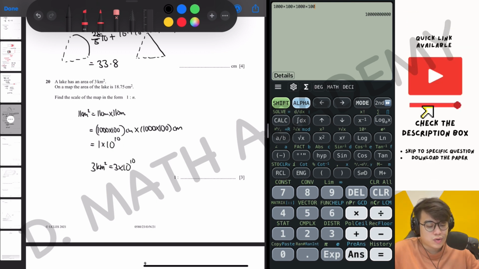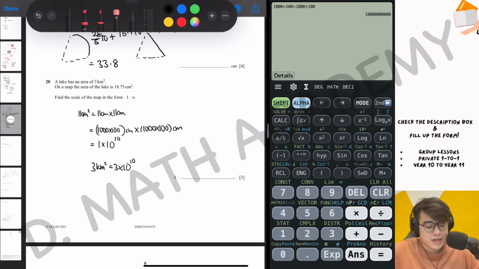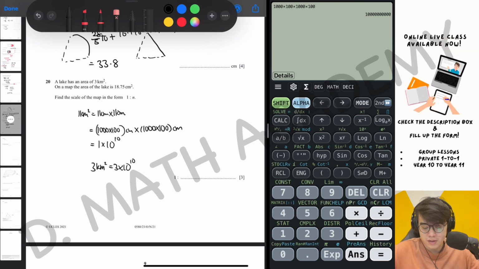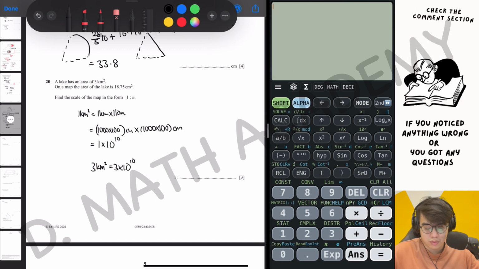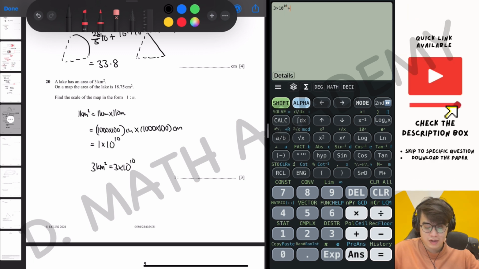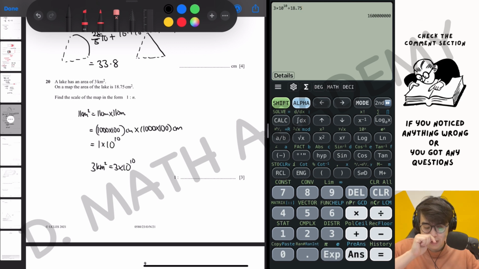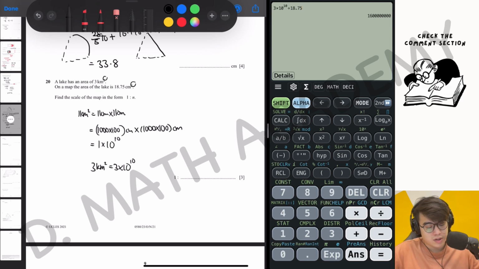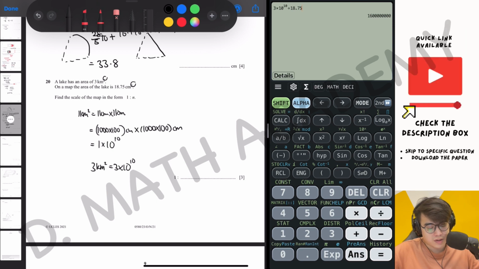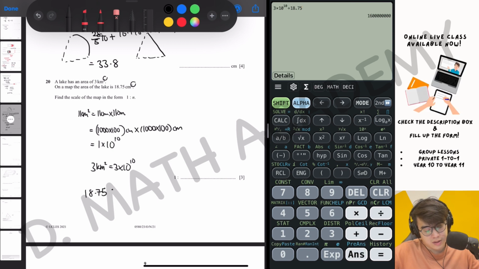So to identify the scales here, I will take this result that I gotten. I will put 3 times 10 to the power of 10 divided by 18.75 first. To find your answers, I will divide it by 18.75 and then square root it, because they both have a square here. Currently we have this equal to 3 times 10 to the power of 10.